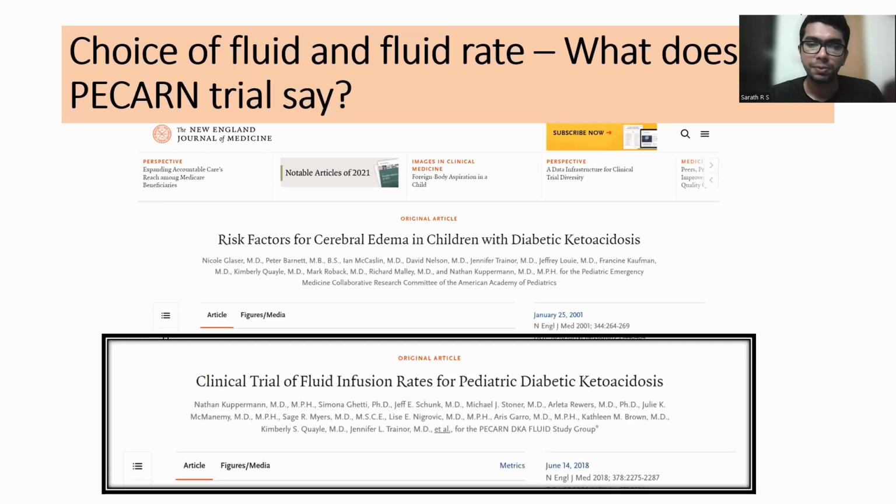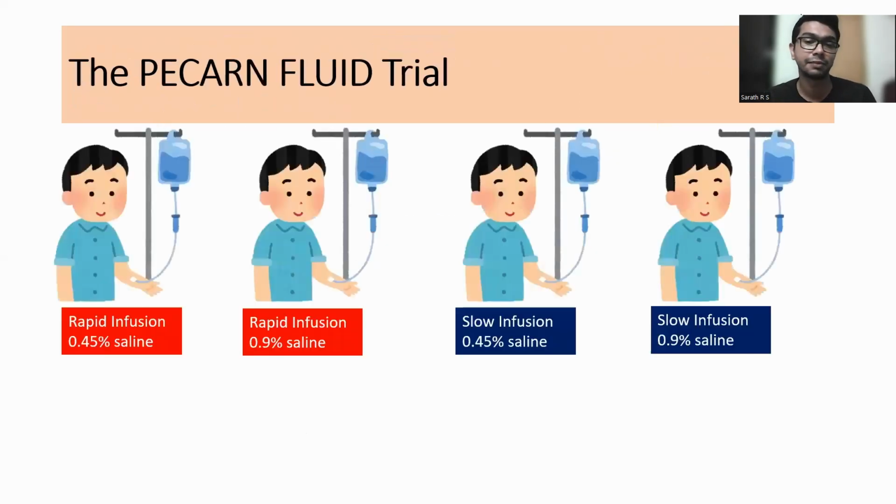However, a follow-up study was conducted and it was published in the year 2018. It was almost a 9-year-long randomized controlled trial, and the second study is known as the PECARN trial. This study is adopted in many guidelines, so it's important that we know what happened in this study.